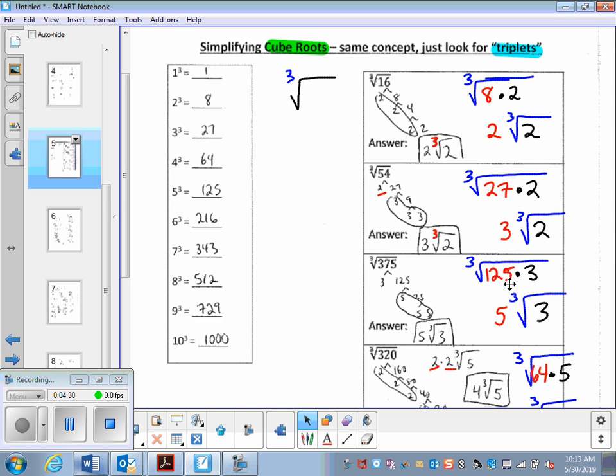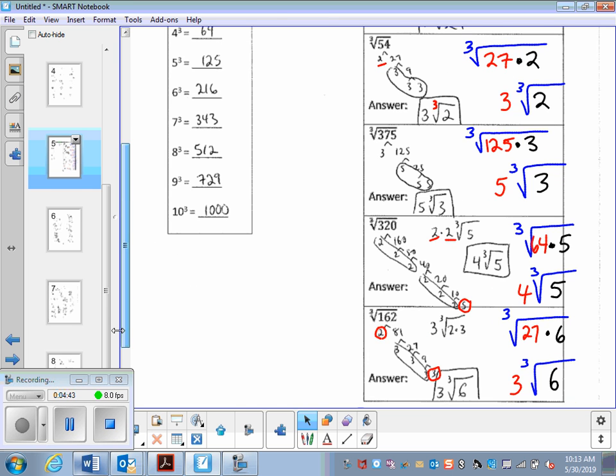For the third example, 125 is a perfect cube. That is a factor of 375. So we've got 125 times 3, and the cube root of 125 is 5, so it's on the outside, and then times the cube root of 3. For the next example, 64 is actually a factor of 320, and it's 64 times 5.